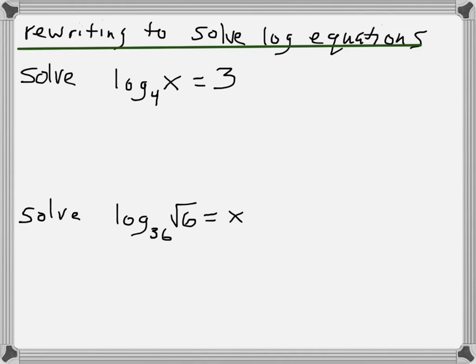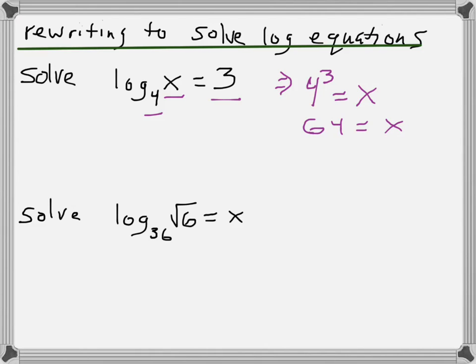When I look at something like this, I'm literally saying 4 to what power equals this, and clearly in this case, we would rewrite this 4 to the 3rd power equals that number x. And what's 4 to the 3rd power? Good, 64. And that's the answer. And if you don't believe me, you can take the log base 4 of 64 and it should be 3.